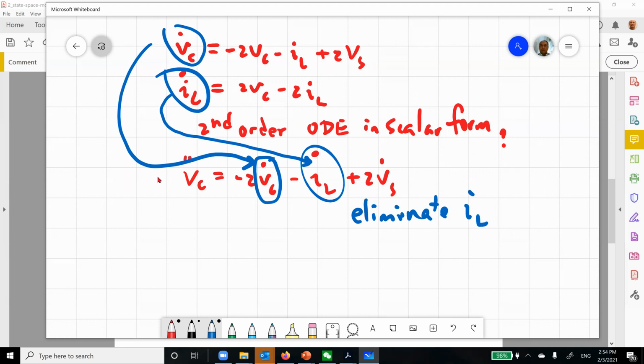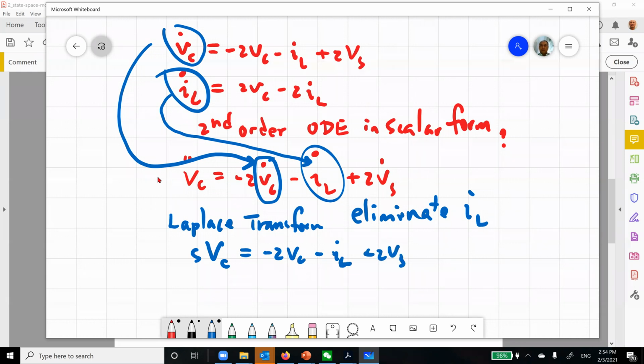There is a way to do that. It's called the Laplace transform. So what you do is SVC, you do the Laplace transform here: minus 2VC minus IL plus 2VS.